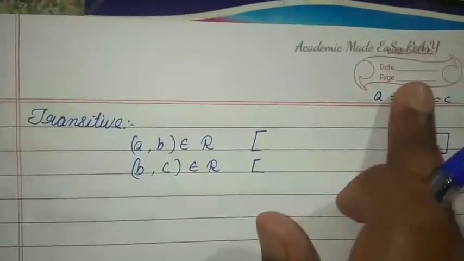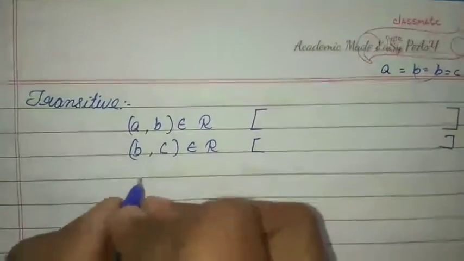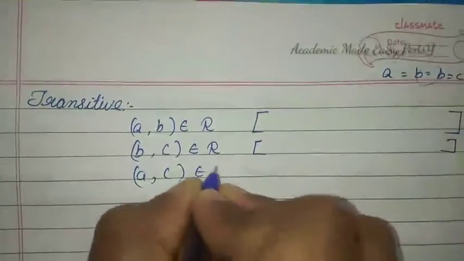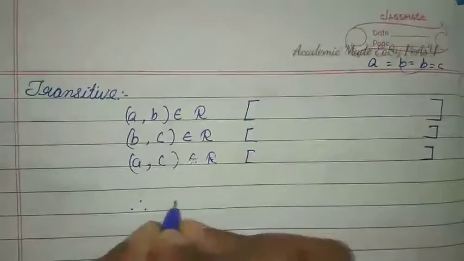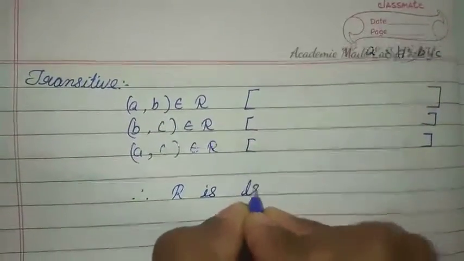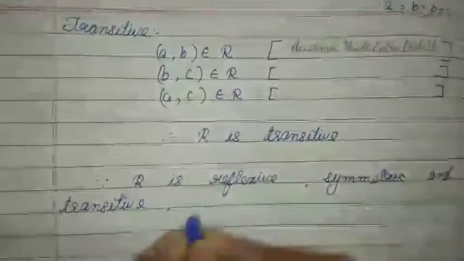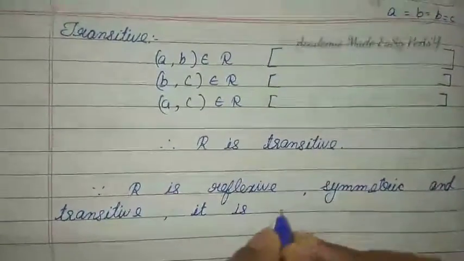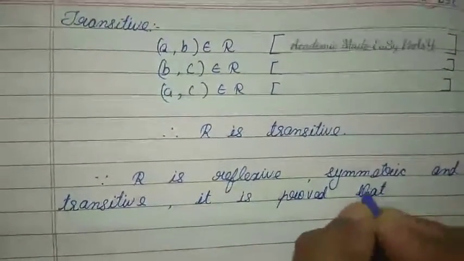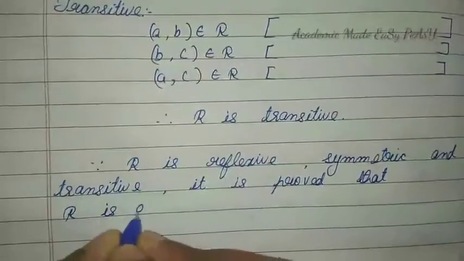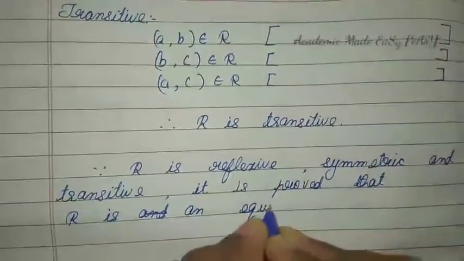So if we take only this B, A is equal to C, isn't it? Just similar to that, we are taking (A, C) also belongs to R, and with the same reason I am writing. Therefore, R is transitive. It is proved that R is an equivalence relation.